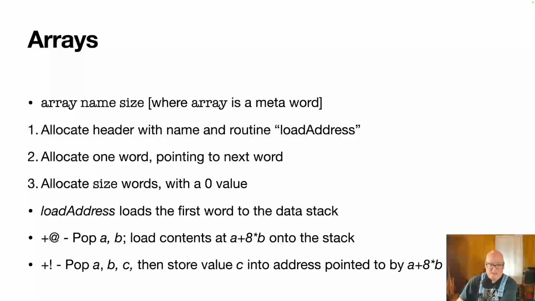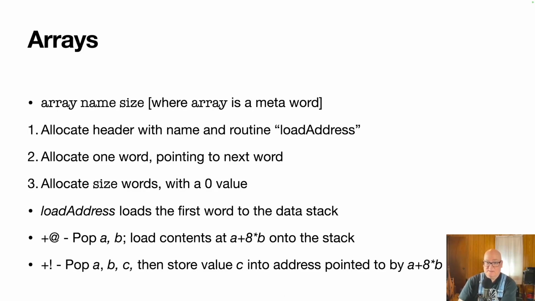If A is the array name, and then 2, and you said plus at, we're going to get the value at the start of the array plus 8 times 2, which is 16. That will give us the address at the third slot, basically 0, 8, 16, and then take that value out of that cell and load it onto the stack.